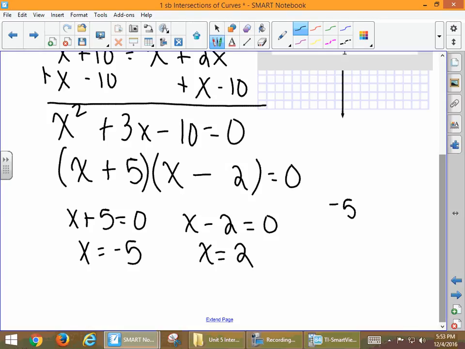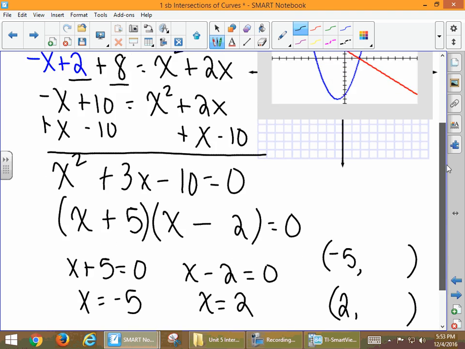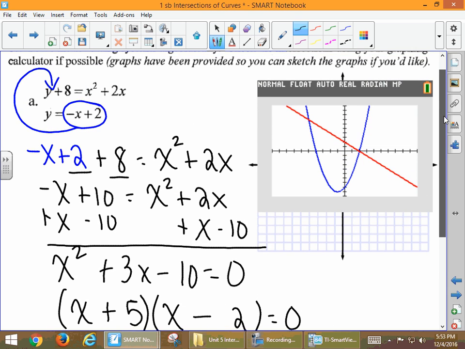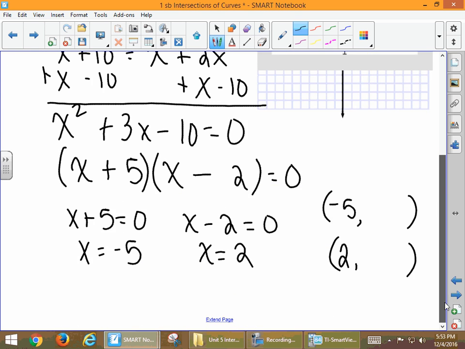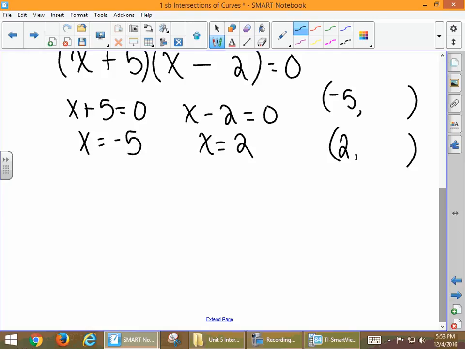And usually what I do is I write negative 5 there in ordered pair format and 2 in ordered pair format. Because we need to go back into one of the equations and figure out what y equals. When we look back at the original problems, let's use y equals negative x plus 2 for a couple reasons. One, it's not squared.